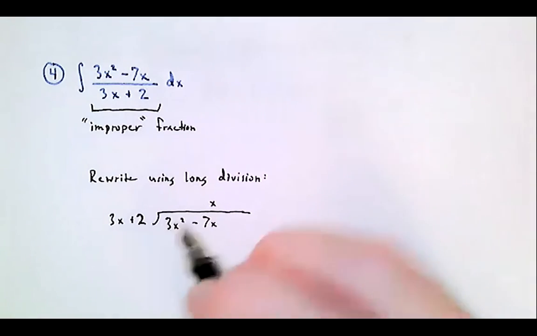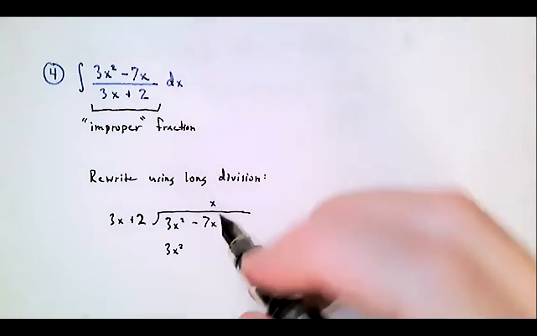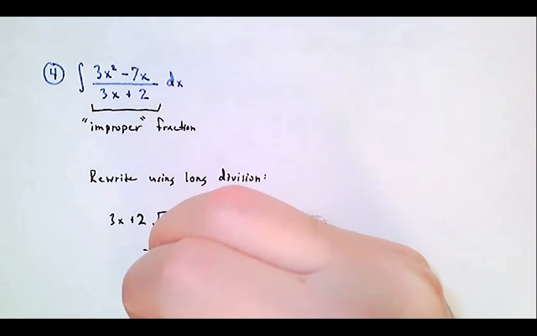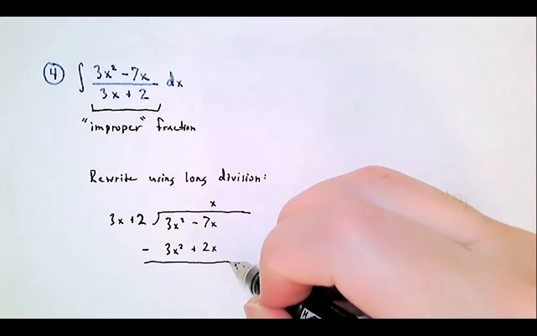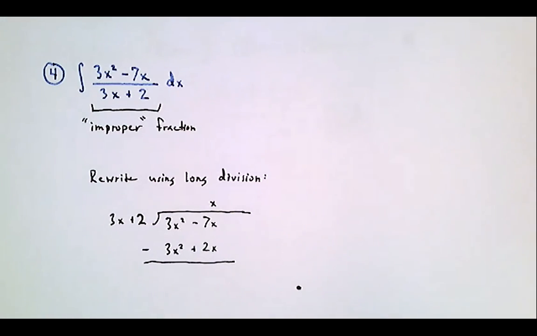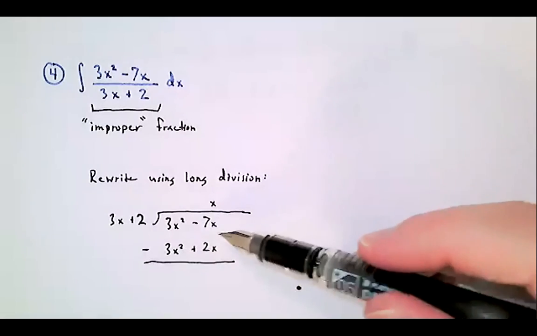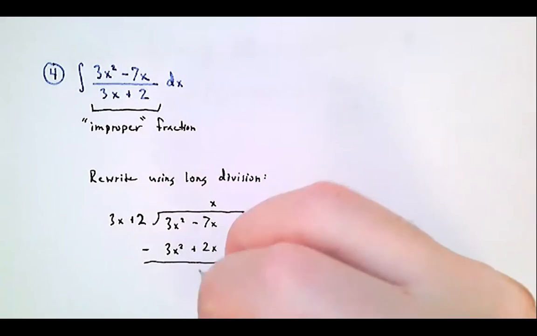So multiply by x, you get a 3x squared plus 2x. And then you subtract, just like you did when you learned long division in elementary school. So the first terms cancel, and minus 7x minus 2x gives us a minus 9x.